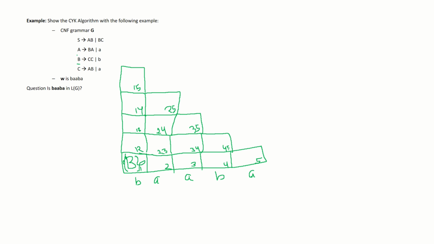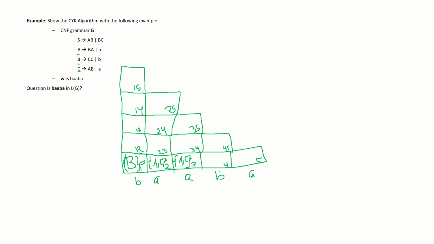We can generate A from A and C. That means we will fill up this cell with A, C. And from this one it will also be A, C, because we can generate A from variable A and variable C.